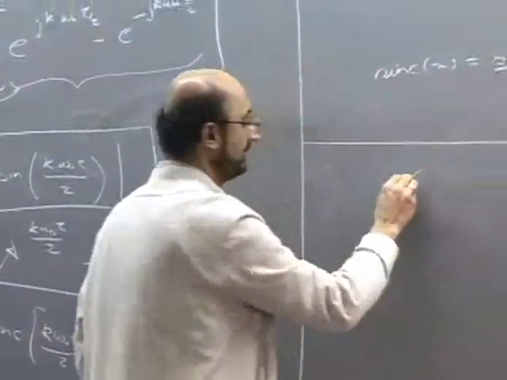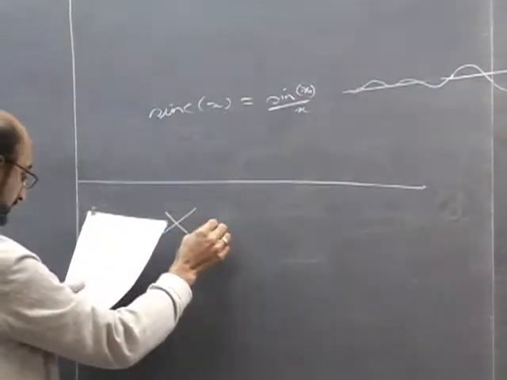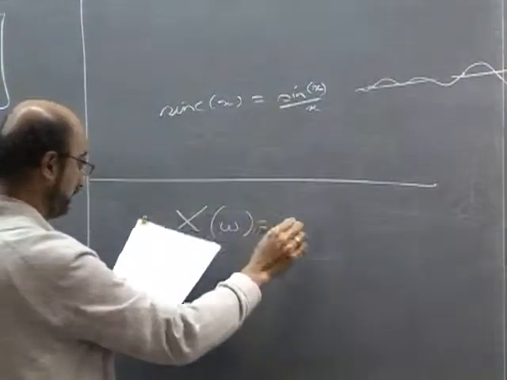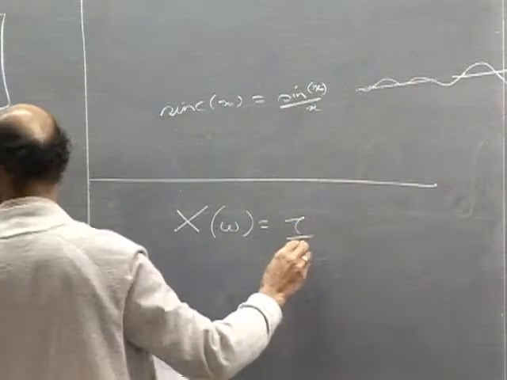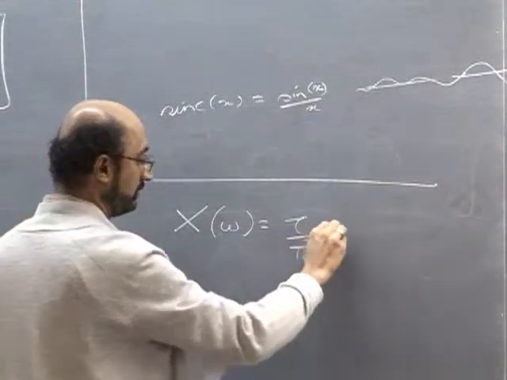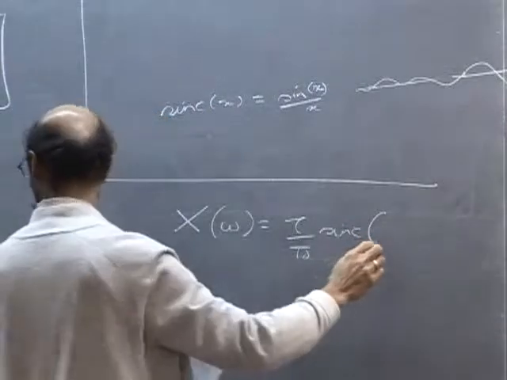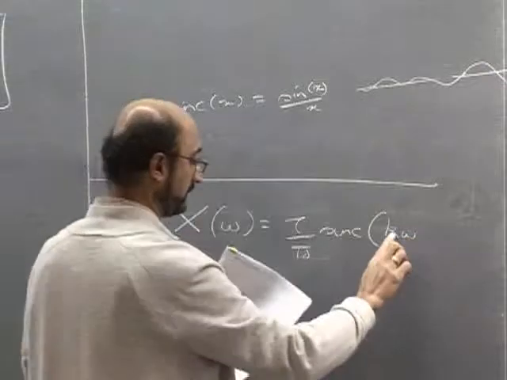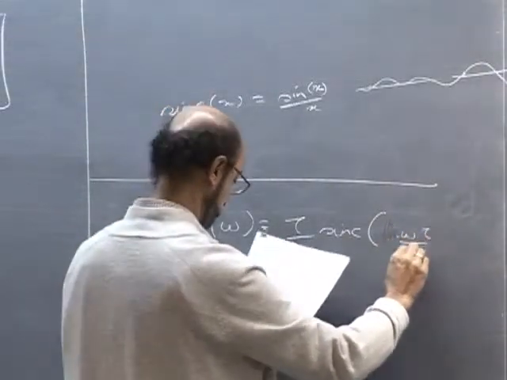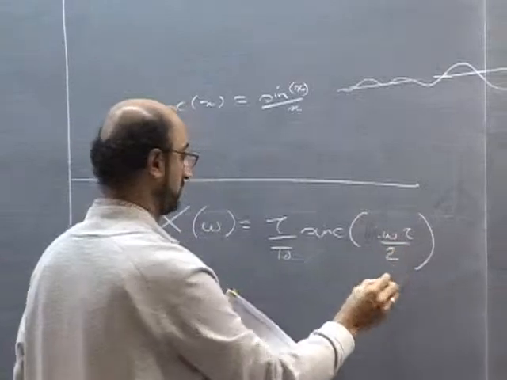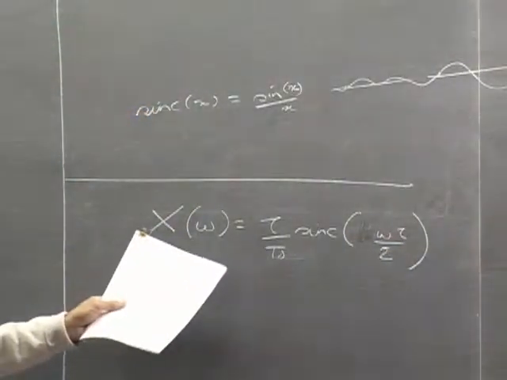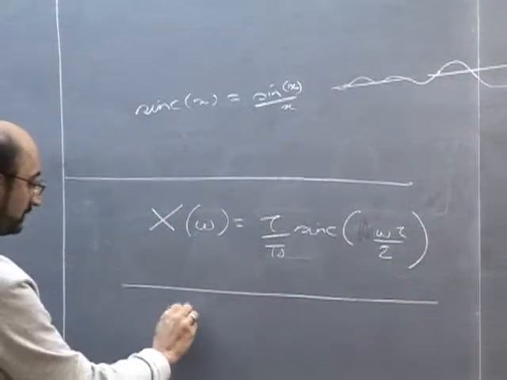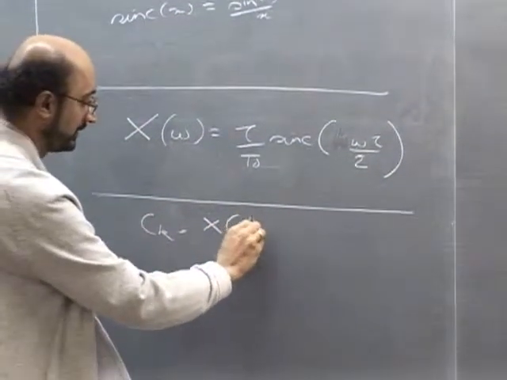Let me define the function X of omega equals tau by T0 sinc of omega tau by 2. So X of omega is tau by T0 sinc of omega tau by 2, and then we can say c_k equals X of k omega naught.